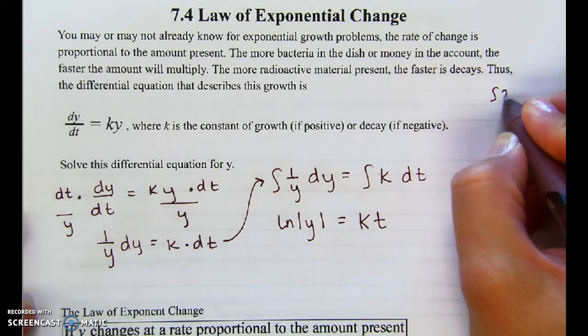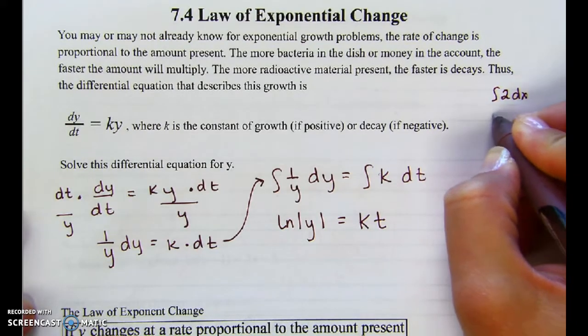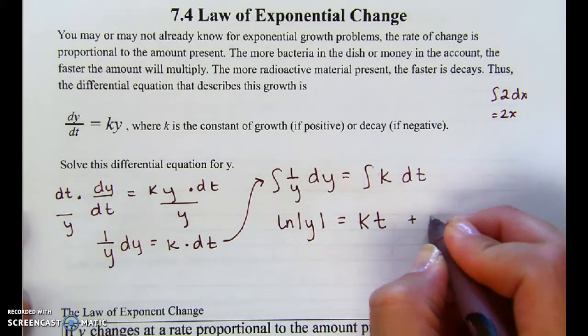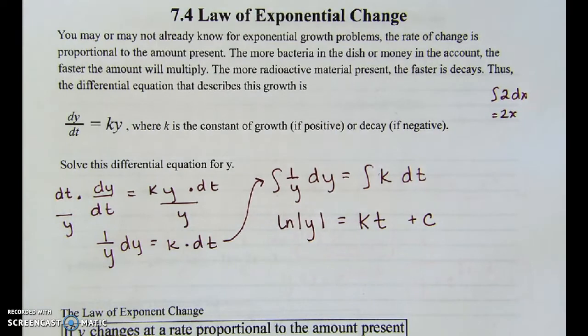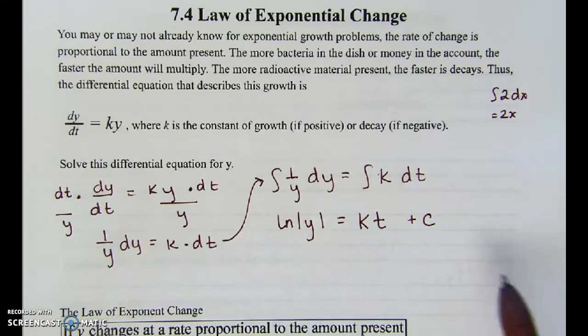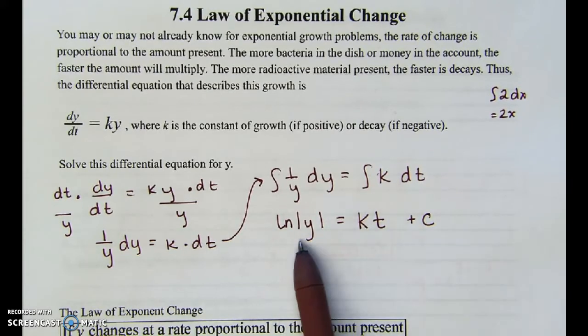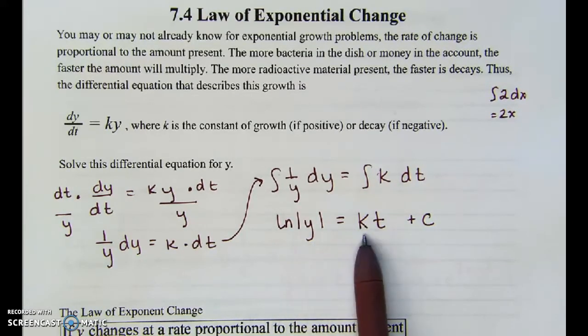See, the integral of 2 dx would equal 2x, like that. And what do we need to put here? Plus c. You thought you were doing math, but this is really kindergarten. I mean, there are 0 numbers here. Do you see that? ln y, vertical lines, kt plus c.